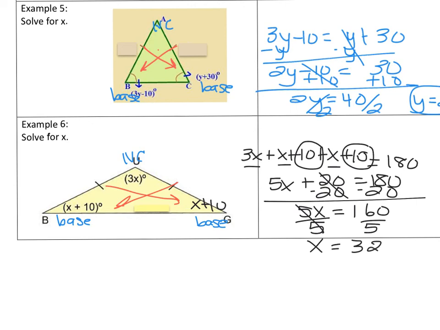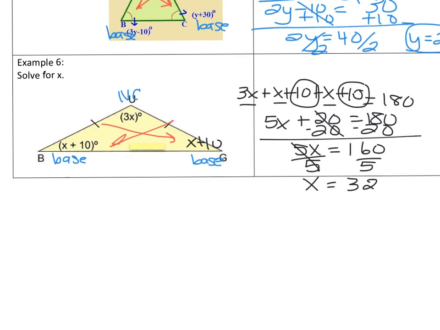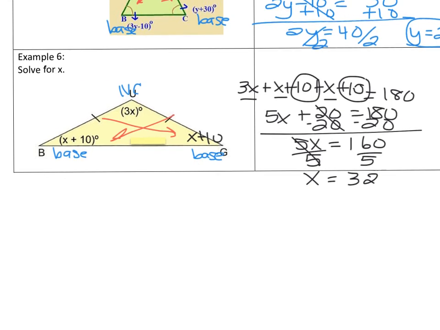And we're done. Now we've gone over how to work with isosceles triangles. Some key things that I need to remember from this lesson so that I can do these problems easier on my own. Number 1, I need to remember that base angles are congruent.